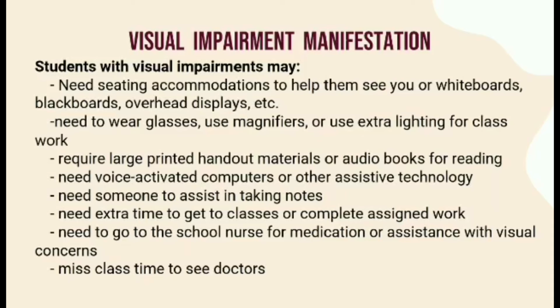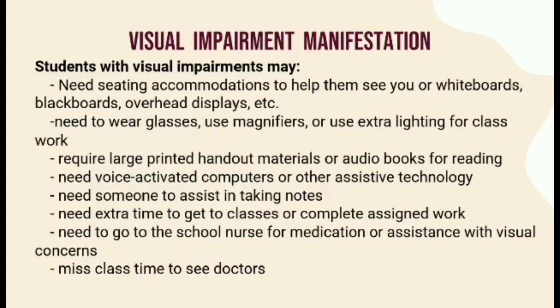These things are needed in order to read the text clearly. Next, they may require large printed handouts, materials, or audiobooks for reading, and need voice-activated computers or other assistive technology.